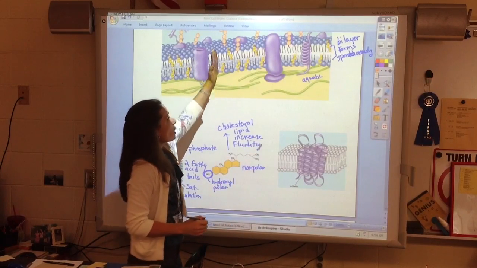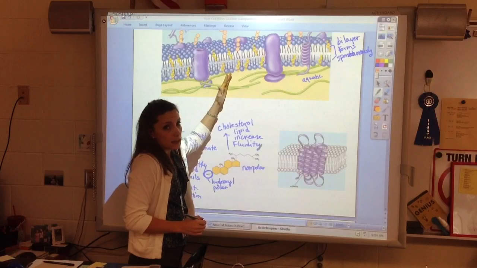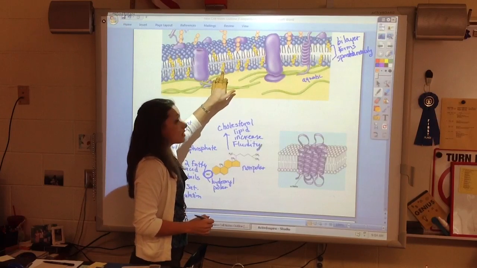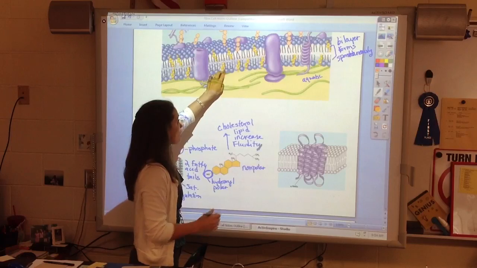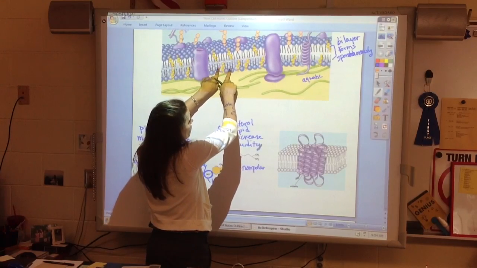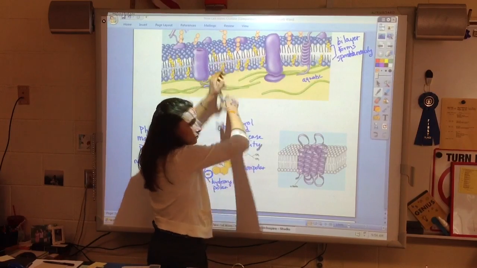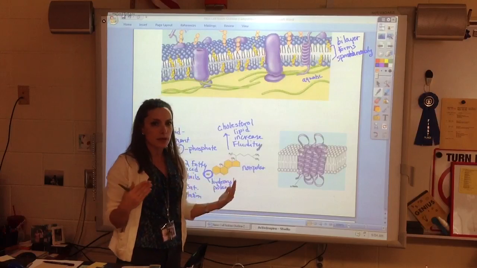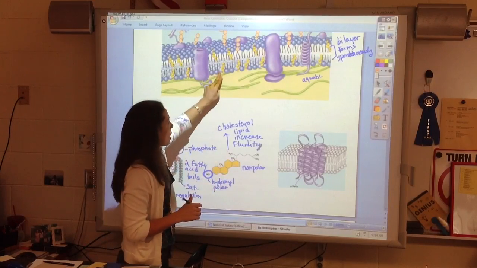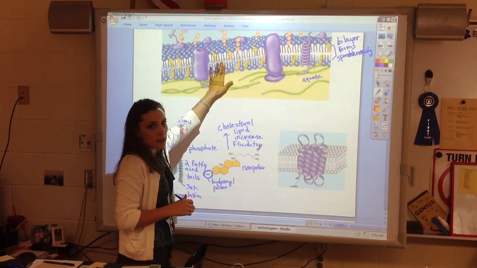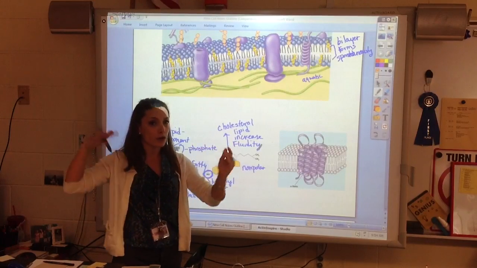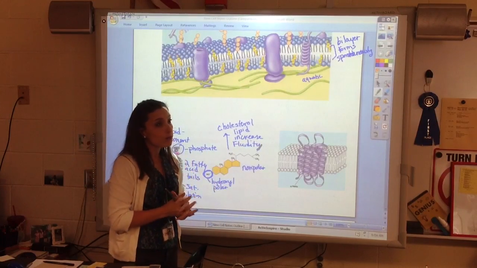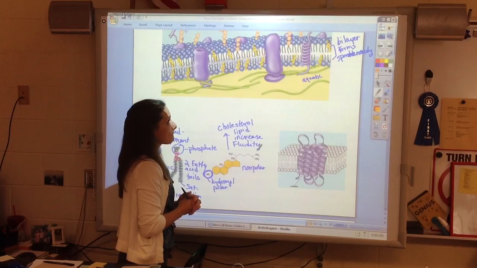Noticing that it doesn't go all the way through both sides of the bilayer. It just fits into one side of the bilayer, and so what that means is that it's just going to kind of push these two a little further apart, but the ones on the other side are still the normal spacing from each other. So by kind of squeezing in there, we're actually creating more space and making it more fluid, so there's more room for it to move around.